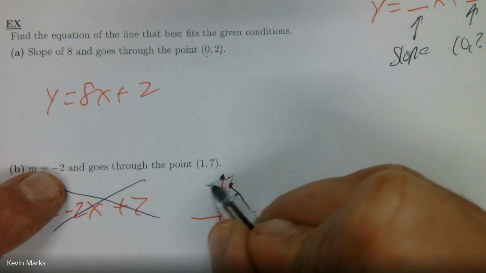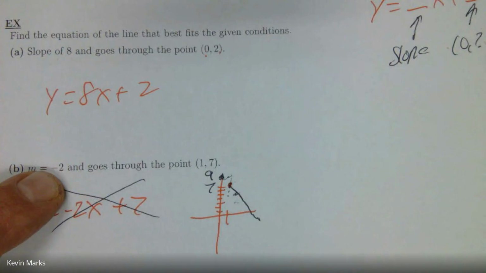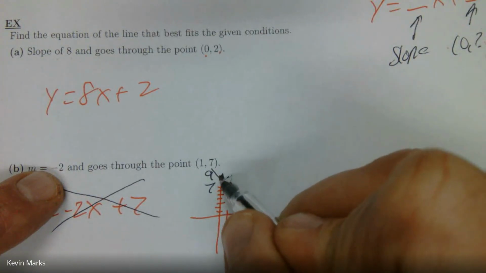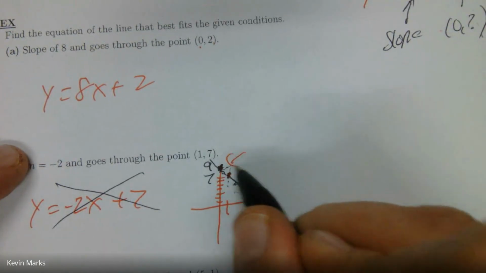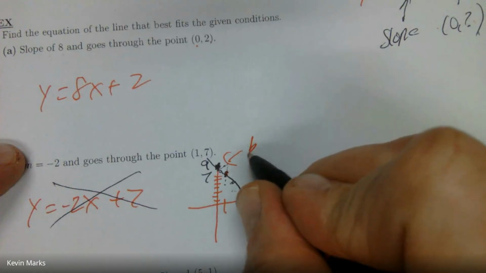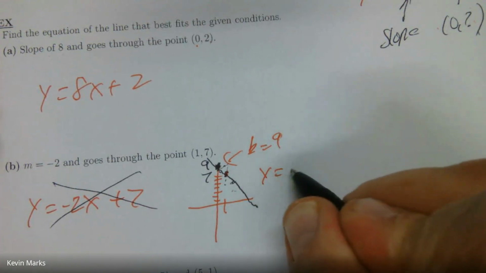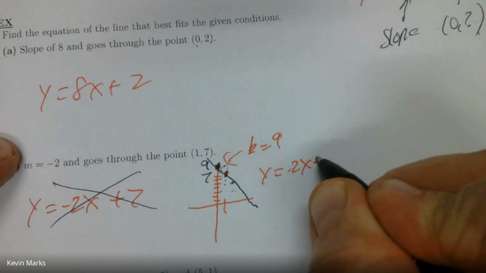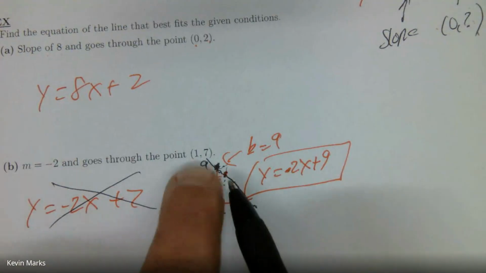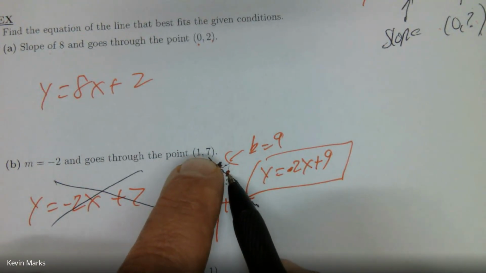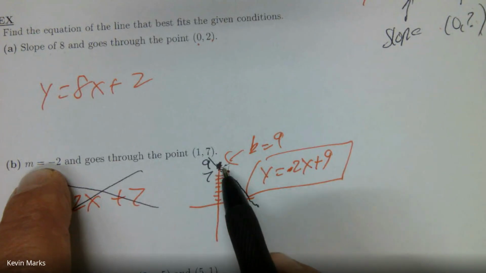If this was at 7 and you went up 2, this would have been at 9. So it would have hit the y-axis at 9, and that's telling you your b is 9, so the equation would be -2x plus 9. So one way to do that is take the point they're giving you that's not the y-intercept and apply the slope to get back to the y-intercept.